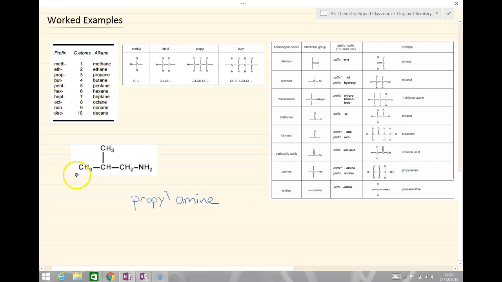So we're propylamine. And then we've got to deal with our side group, which is methyl, and we're on the second carbon. So we're 2-methyl propylamine. Again, if we're going to do our skeletal formula, 1, 2, 3, and then NH2.